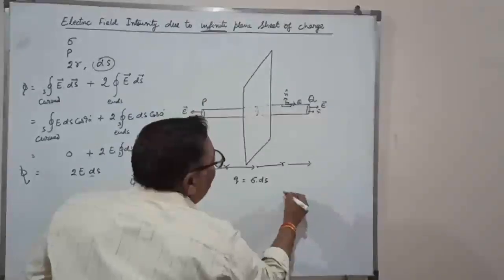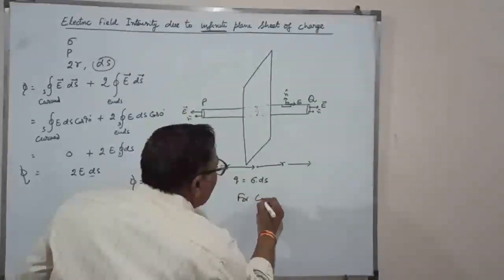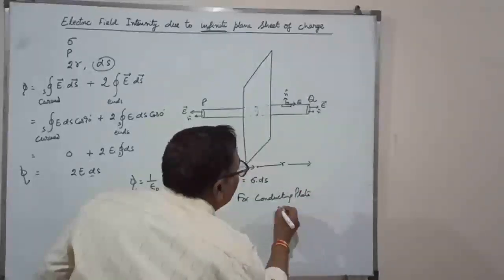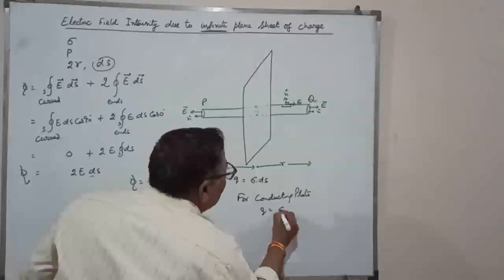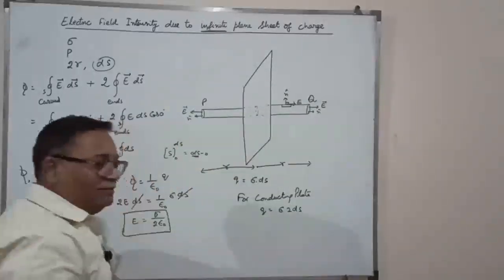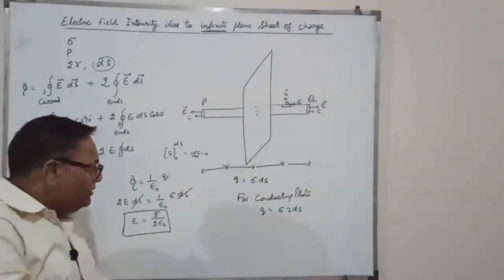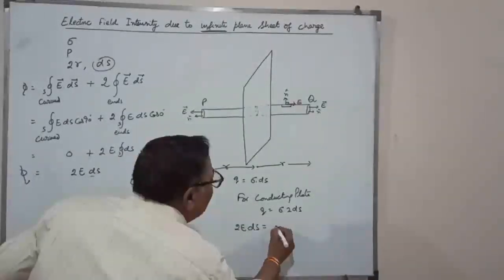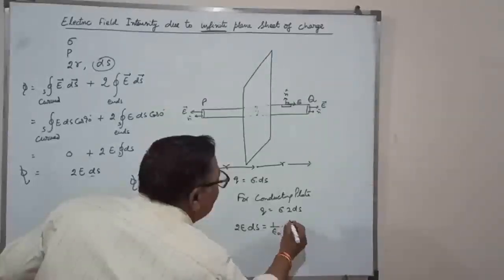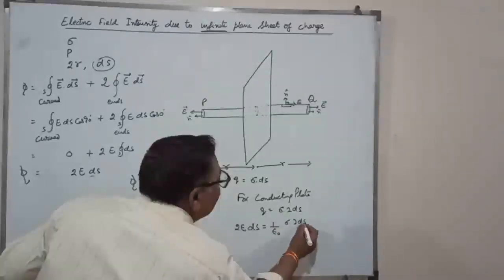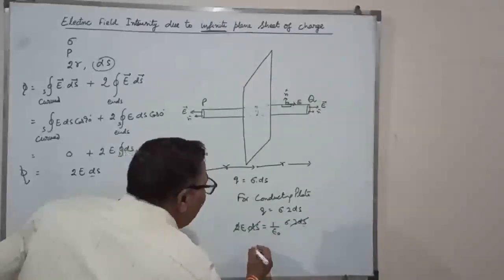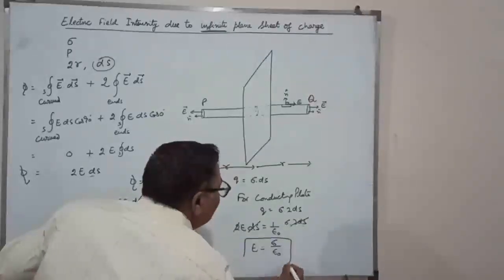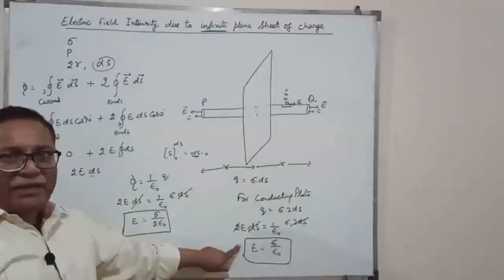That is the charge for a conducting plate. Charge enclosed q is equal to sigma into 2ds. Clear? It means the expression is 2E ds is equal to 1 upon epsilon 0 times sigma into 2ds. 2ds cancels and E is equal to sigma upon epsilon 0. This is the expression for a conducting plate.